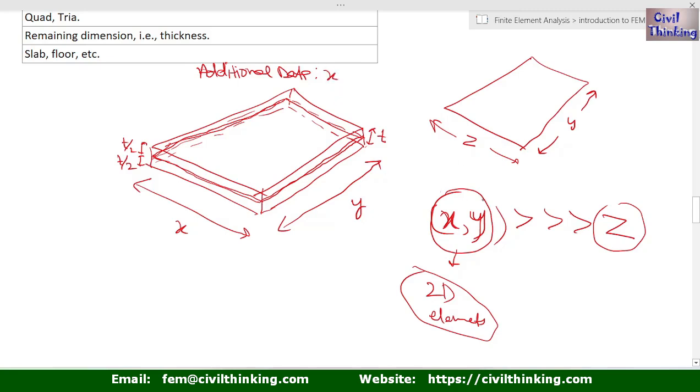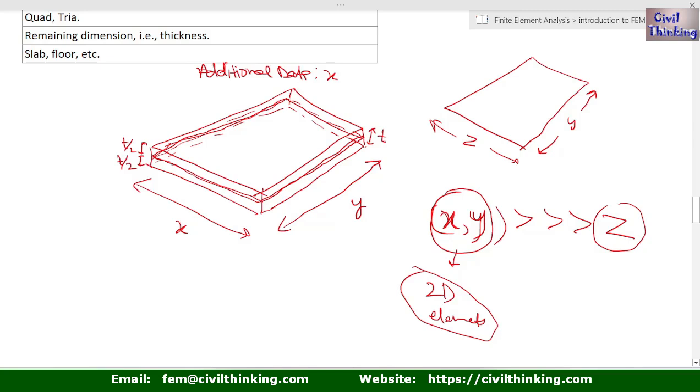So the main thing is that two dimensions are provided in the geometry and the third dimension is provided as additional data. So where do we use this?